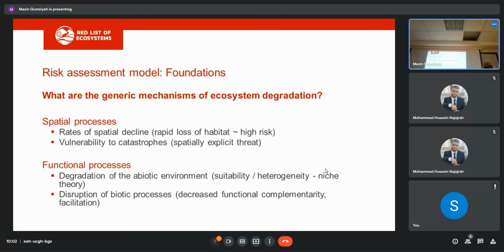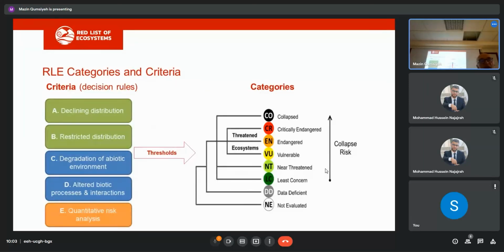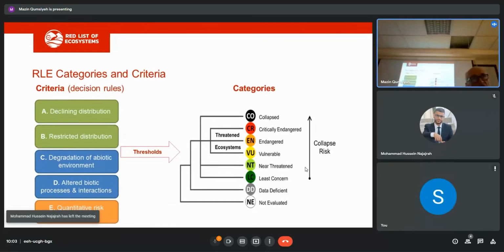It is composed of interactions between abiotic and biotic factors, between several species that are functionally linked. So both are important, spatial and functional. On the contrary, for species, the functional process was not that important. The criteria and the categories are quite exactly the same as for the species.